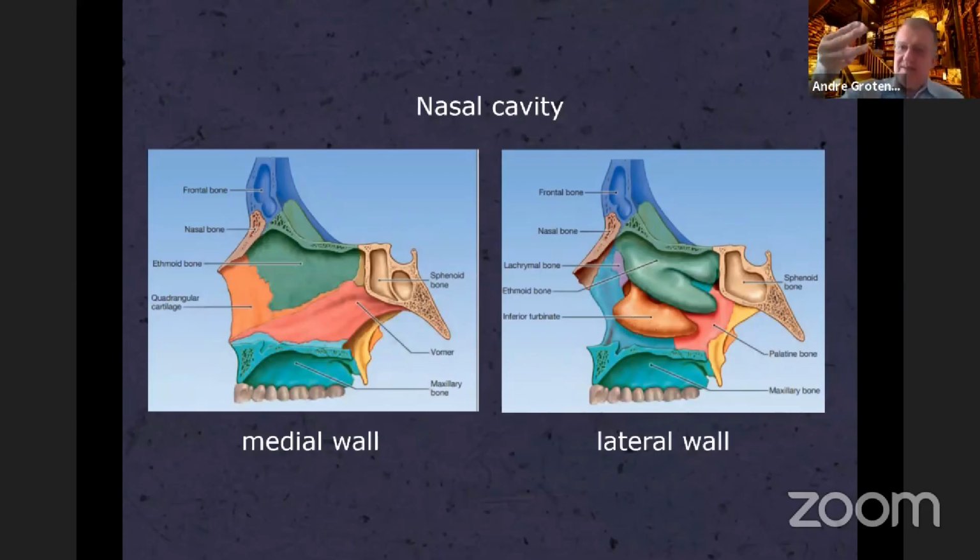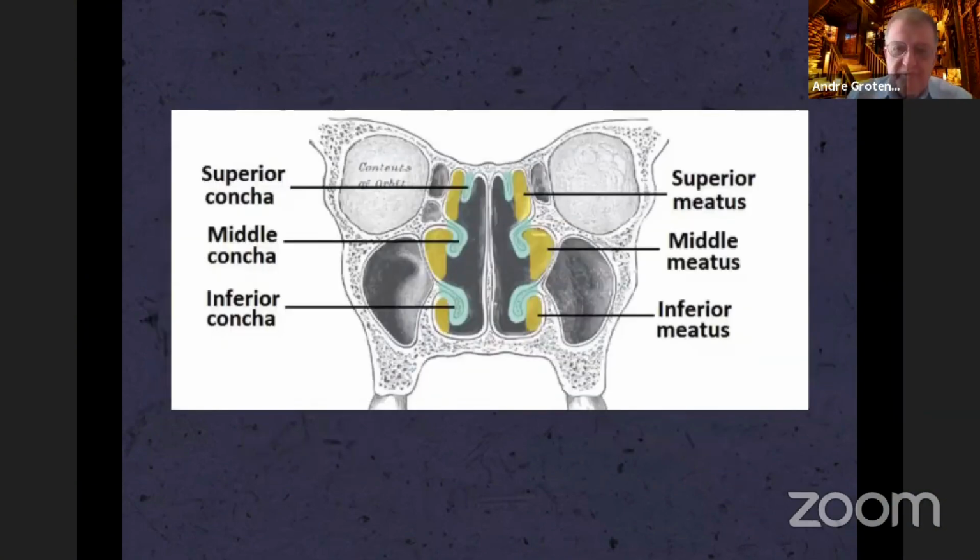Sometimes we say it's like three fingers. Your inferior turbinate is like your middle finger, and the middle turbinate like your index finger. The length of it is usually, at least by us as neurosurgeons, underestimated.